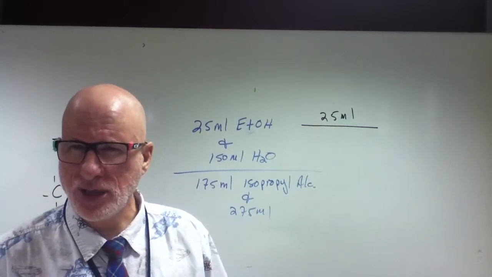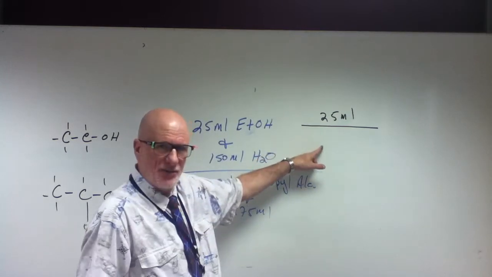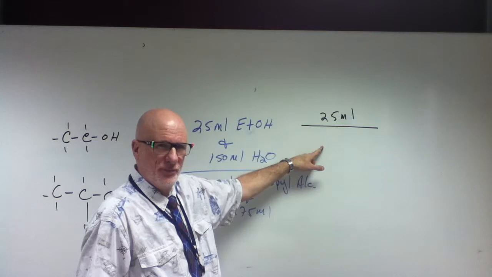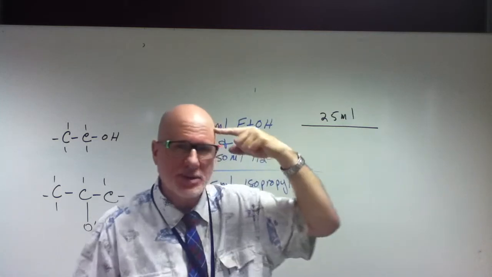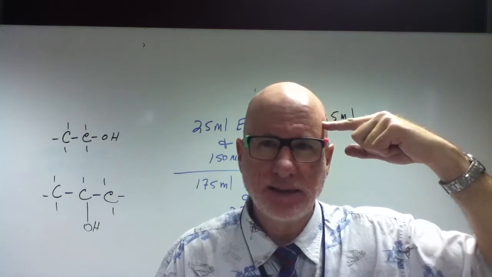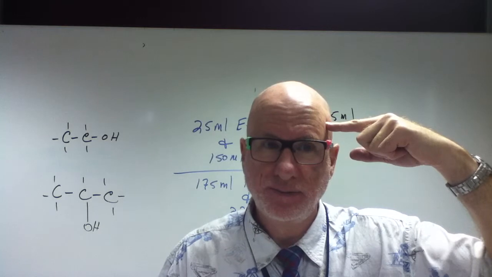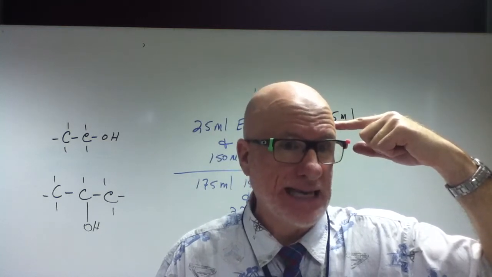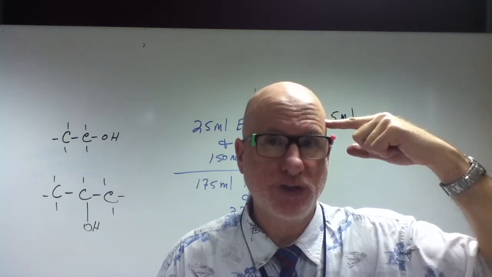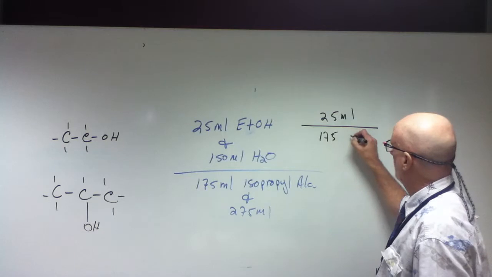So do you think it's going to be 25 over 175 or 25 over 150? 175. Yeah. Remember, percent by mass is mass of solute divided by mass of solution. Percent by volume, would it make sense then? It would be volume of solute over volume of solution. Yes, that makes sense? Okay, so that would be 175.